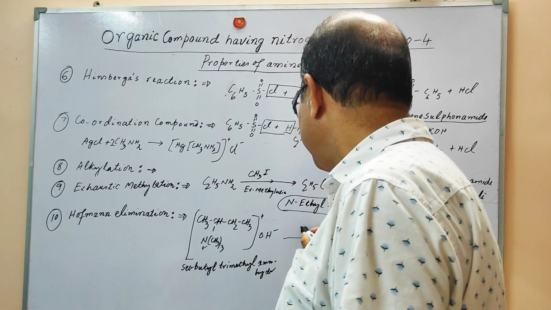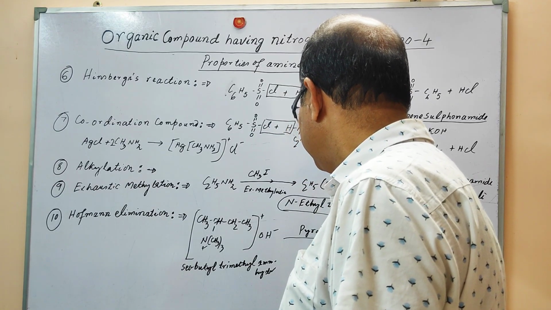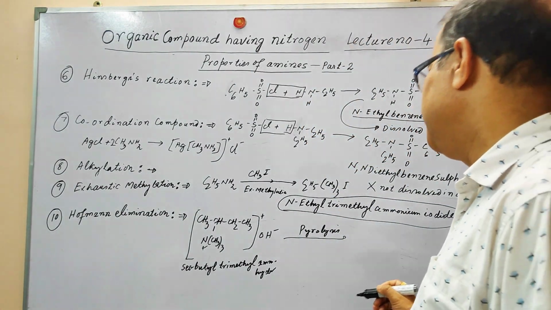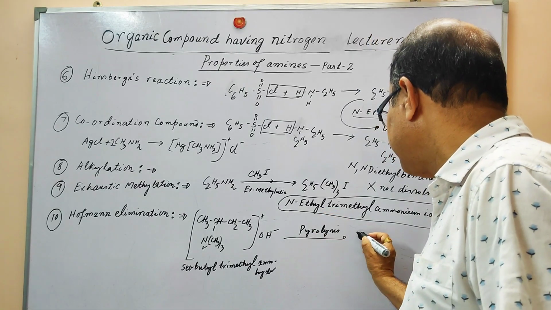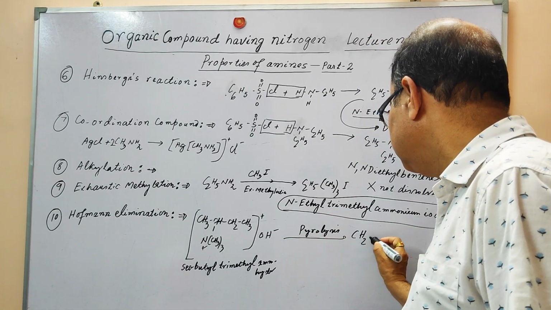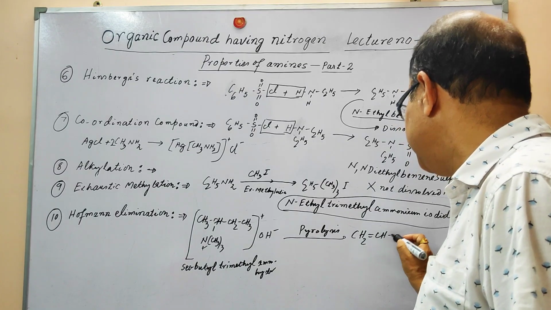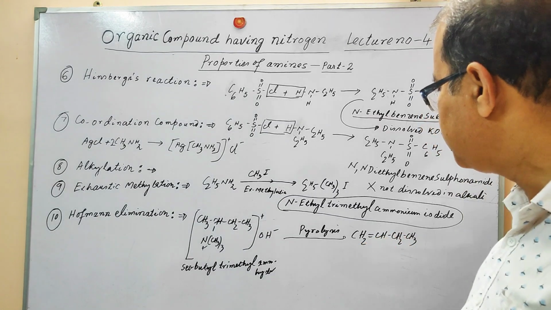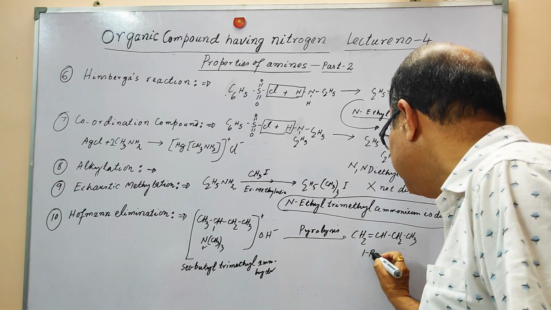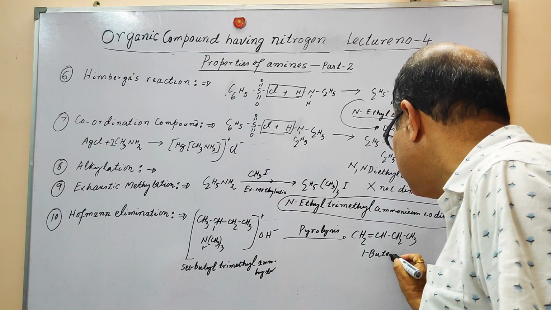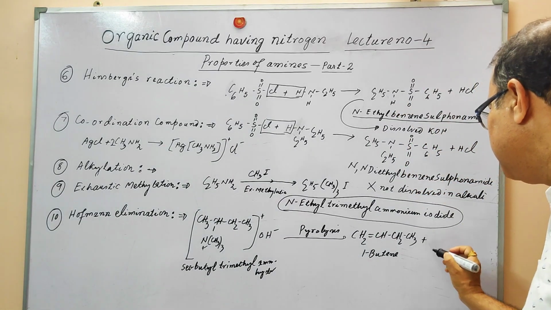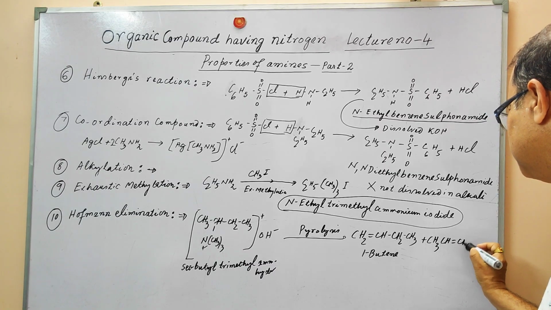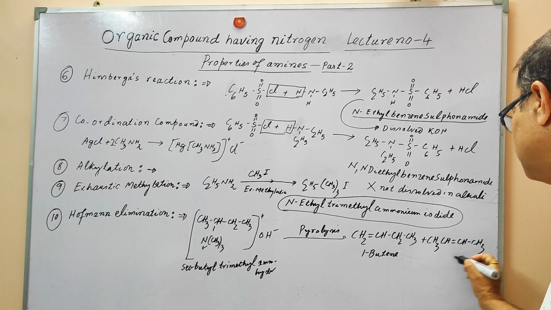And when we undergo the pyrolysis process, what we find is the production of this alkene, that is 1-butene, and also 5% we observe 2-butene.